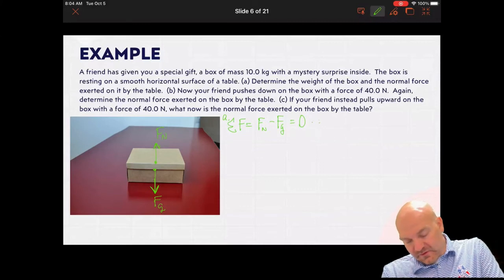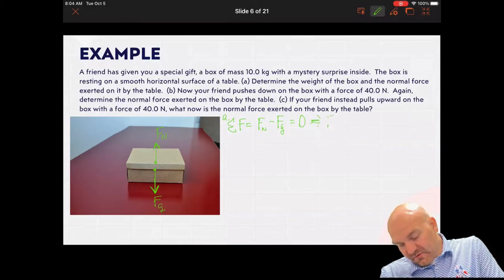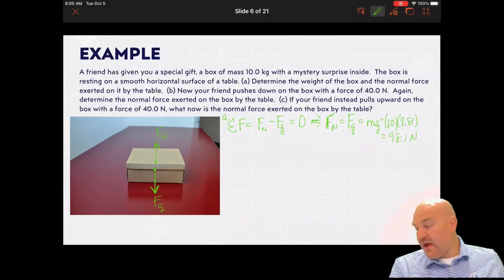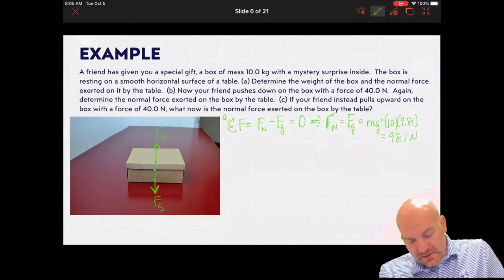So this tells me that my normal force, Fn, will equal my weight. Those two values are equal. It's just m times g, which is 10 times 9.81, so our answer to part A is that they both have a value of 98.1 newtons.